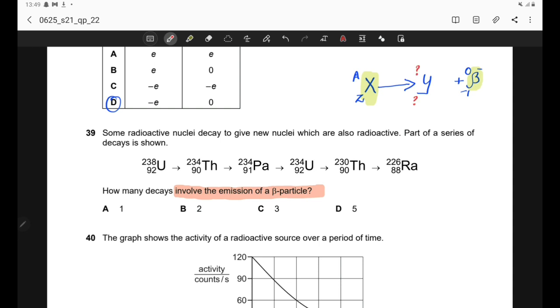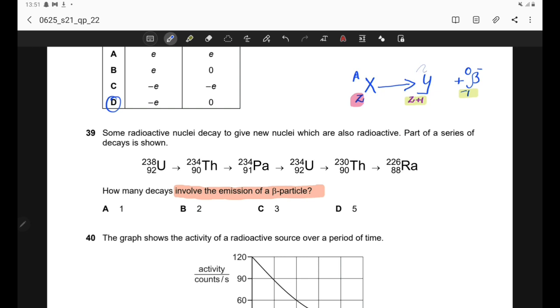We can check the proton number and nucleon number of this product using the concept that the total number of protons before and after decay should be the same. Initially it is C, so after the decay the total must also be C. So the proton number of Y should be C plus 1. Then we add the sum of protons: on the right-hand side we get C plus 1 minus 1, which is C. So the proton number is balanced on both sides.